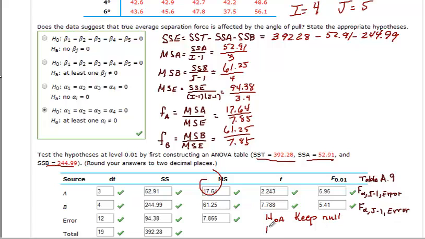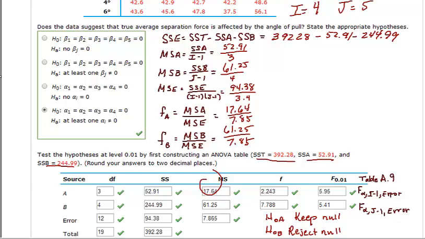For the H0B, since this F test statistic is greater than the critical region, I would reject this null on this one.